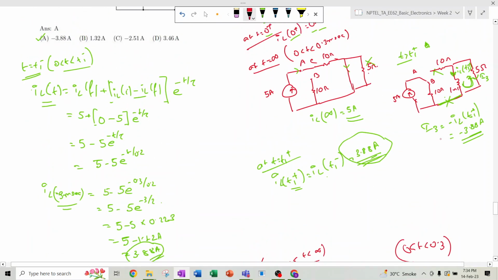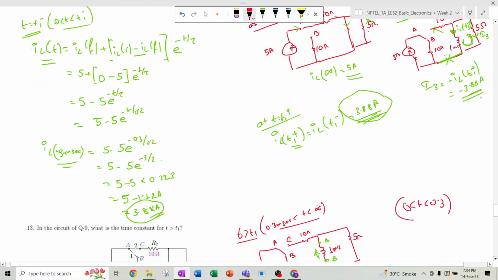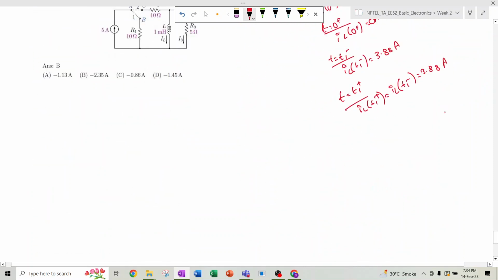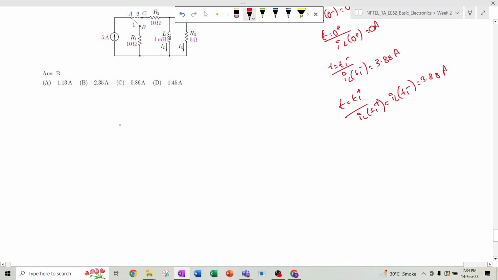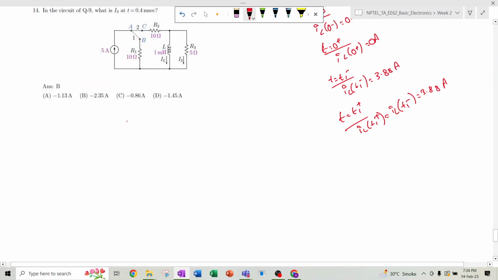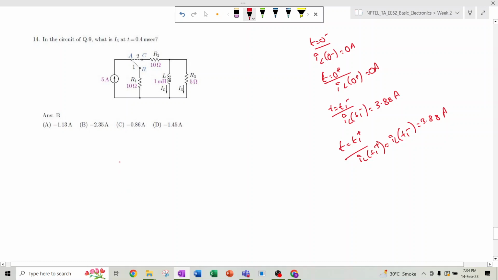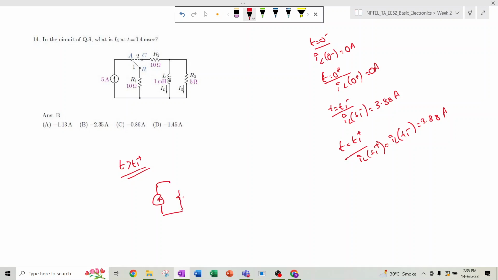So from this problem we have determined that IL at T1 minus is 3.888 milliampere, and IL at T1 plus is equal to 0.338 milliampere. Okay, so now for t greater than T1 plus, the circuit becomes what we have already discussed: 10 ohm, this is also 10 ohm.